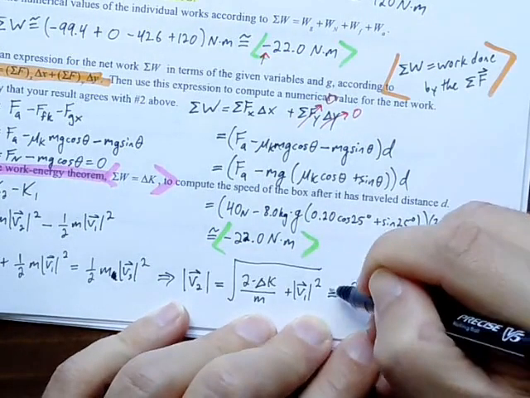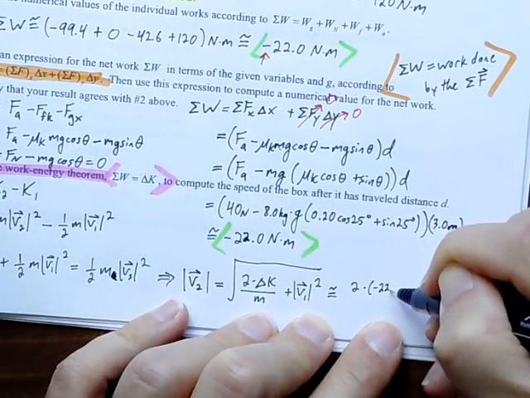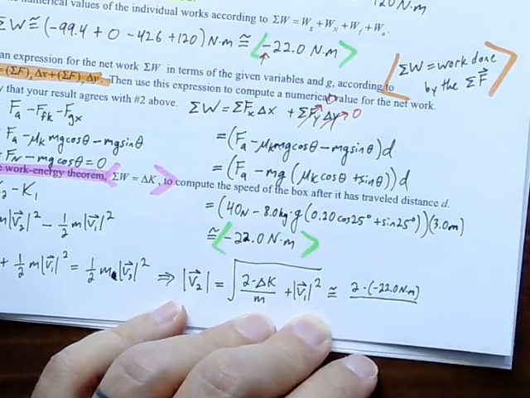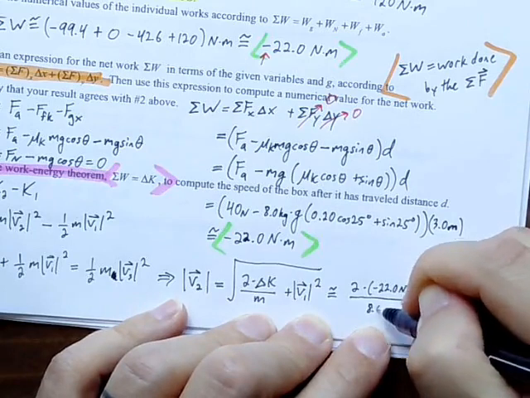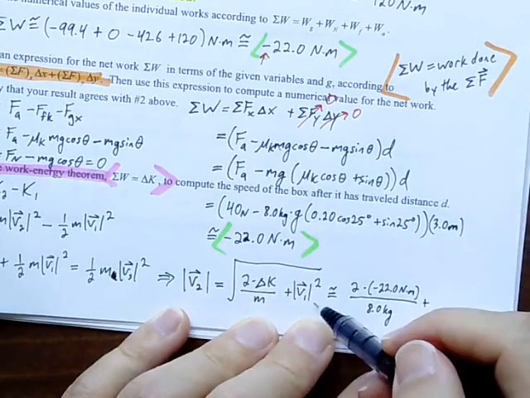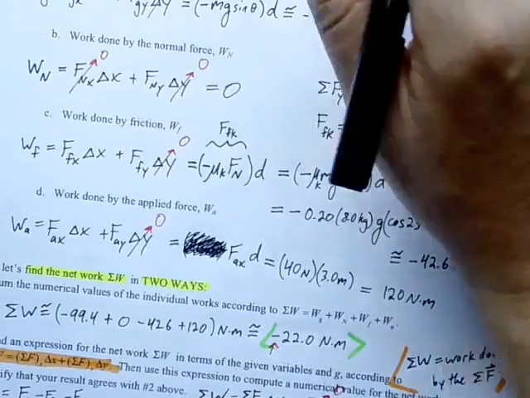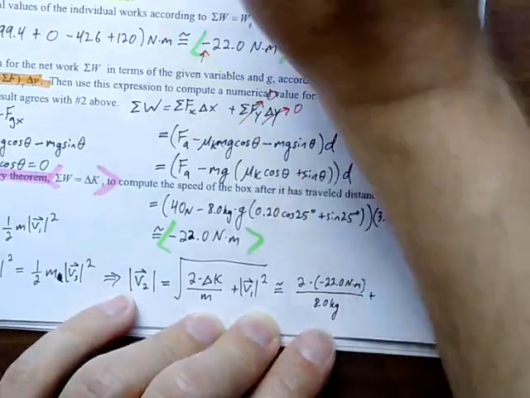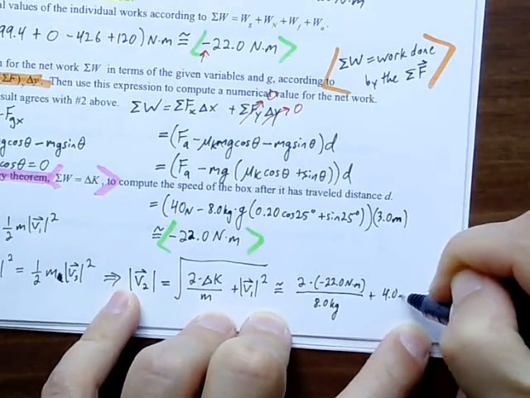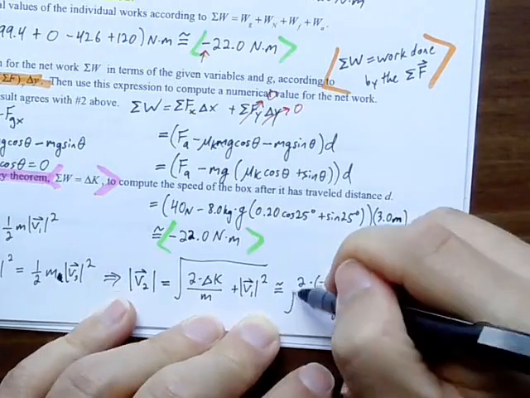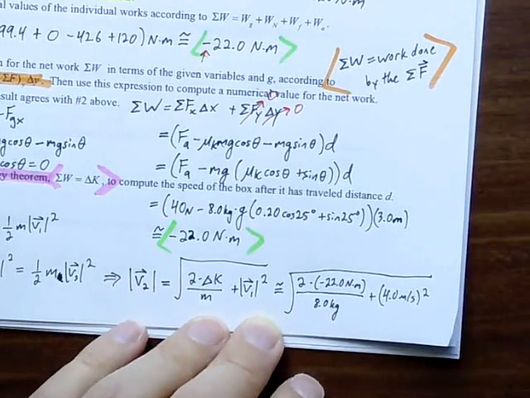So this is approximately then negative 22.0 Newton meters divided by our mass, which was 8 kilograms, plus our initial speed, which was 4.0 meters per second, squared. That gets squared, and we're square rooting that whole expression.